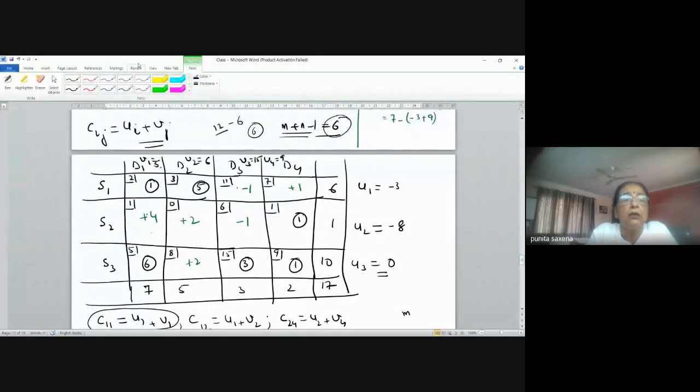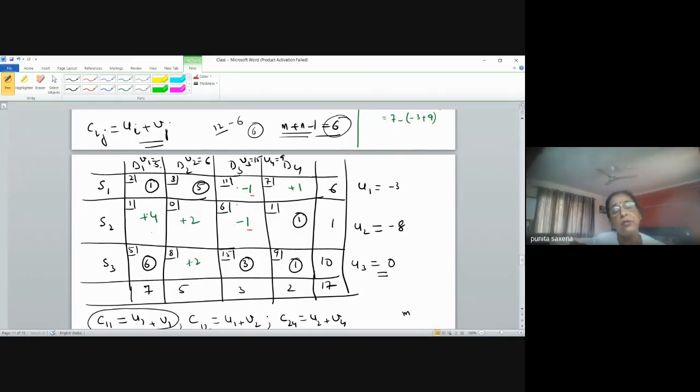Now see, what we have got here is two cells with negative Dij, and it so happens that for both of them the Dij is equal.